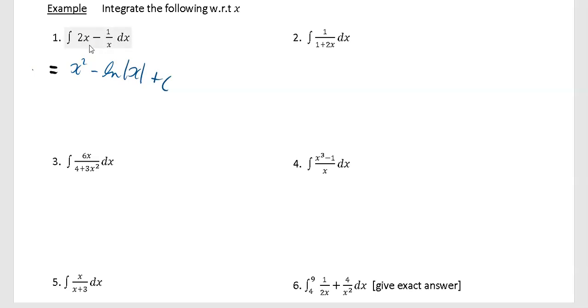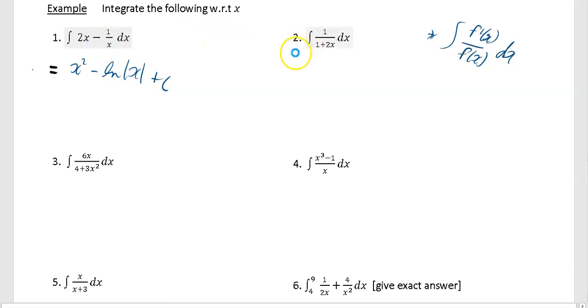Okay, this second one. Now, we want to try and get it in the form, remember, f dash of x over f of x integrated with respect to x. It is not currently in that form because if you differentiate 1 plus 2x, you will get 2. So what I'm going to do is just change it so that it is in that form. I'm going to leave the 1 plus 2x on the bottom line, but the top line, if I differentiated my bottom line, I would get 2.